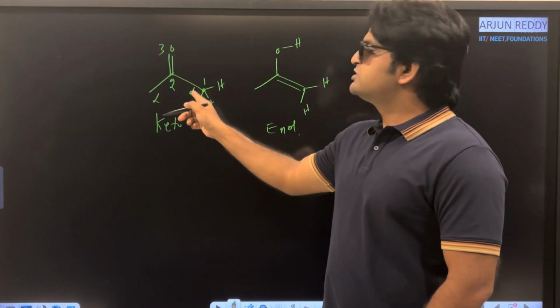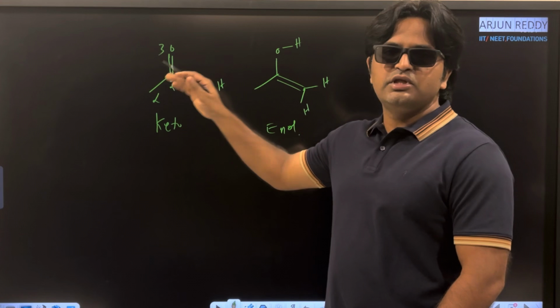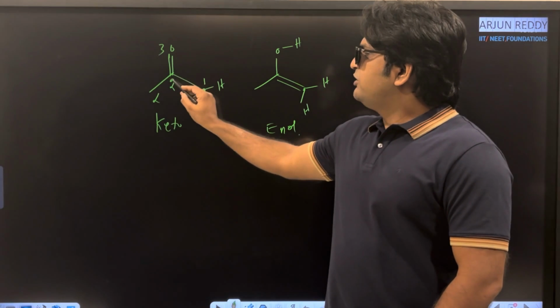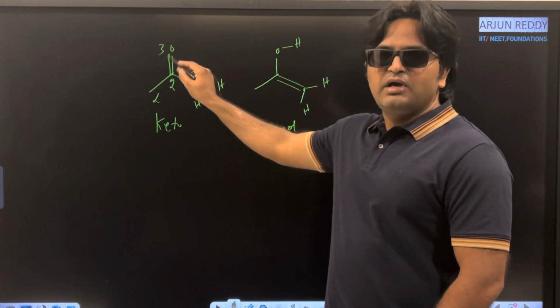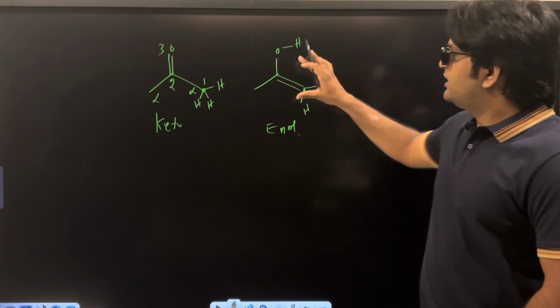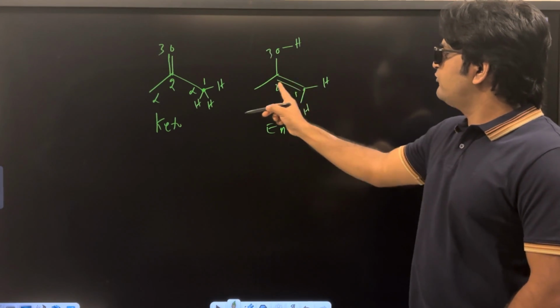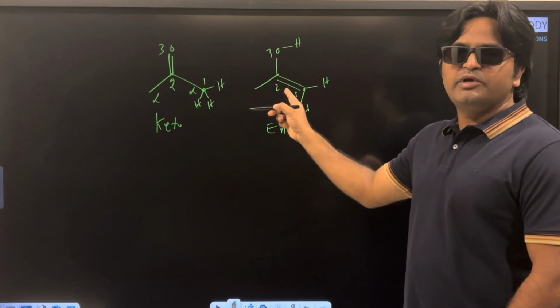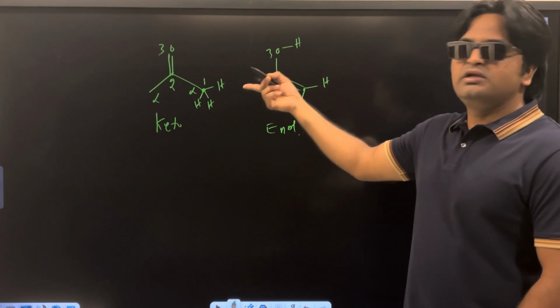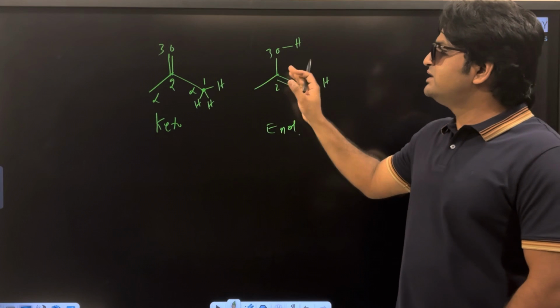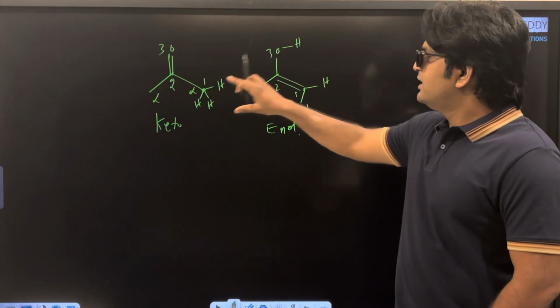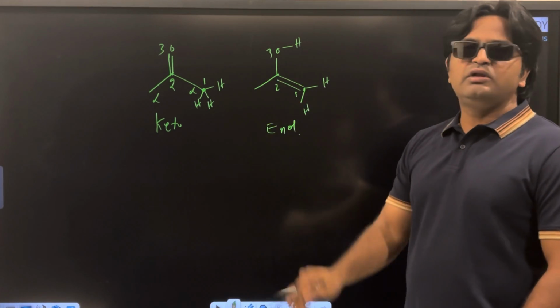In the first, between the 1 and 2 carbon atoms there is no pi bond, and between 2 and 3 there is a pi bond. But here, between 1 and 2 there is an extra pi bond, and between 2 and 3 there is no pi bond. So the pi bond is disappearing between 2 and 3, and a new pi bond is formed between 1 and 2.